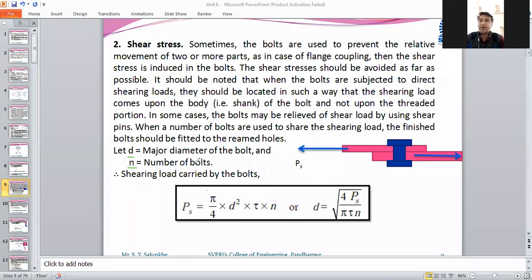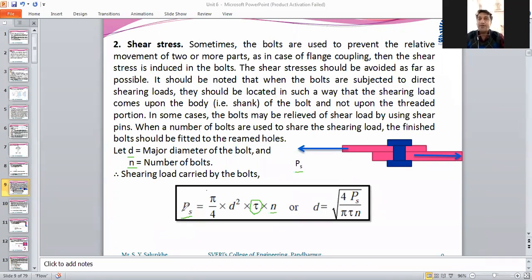Yes. So n is the number of bolts which are used for taking the shear stress, and P suffix S is the shear force which is applied. Then this shear force is calculated as the area which is undergoing shear of one single bolt, that is pi by 4 d square, multiplied by the allowable shear stress tau, multiplied by the number of bolts used.